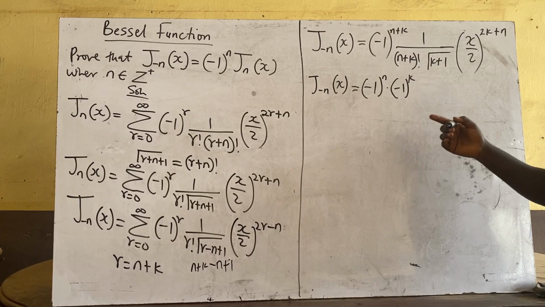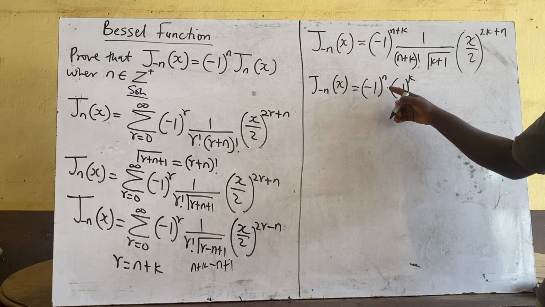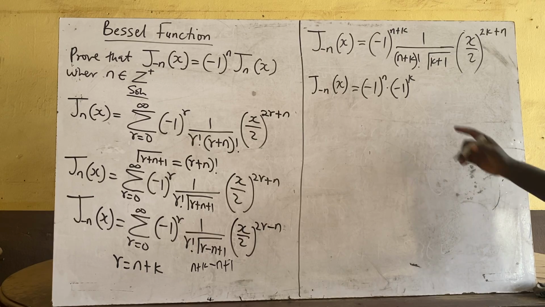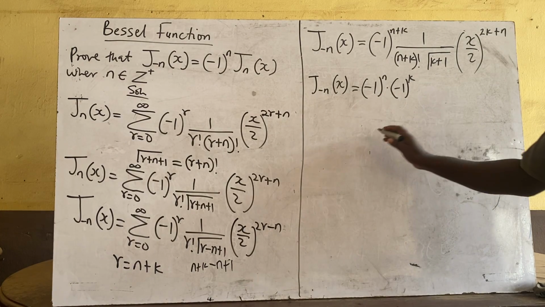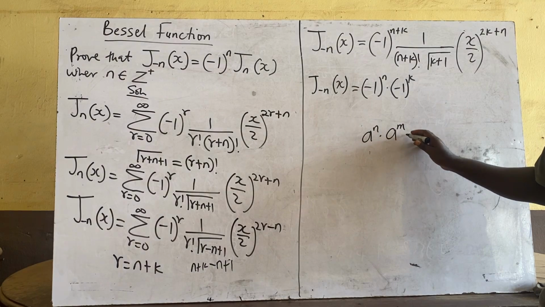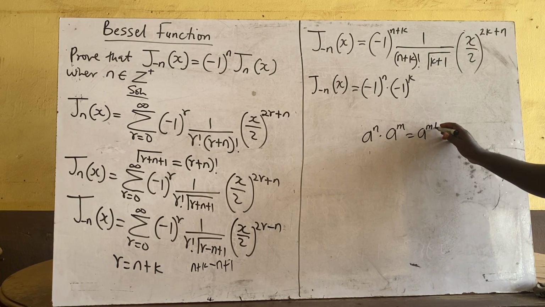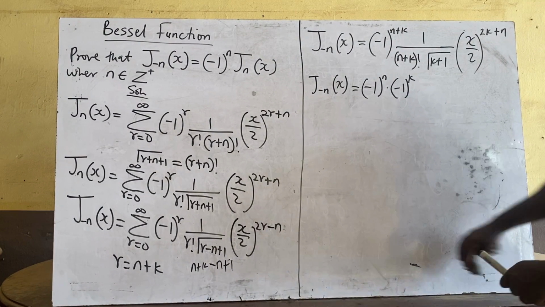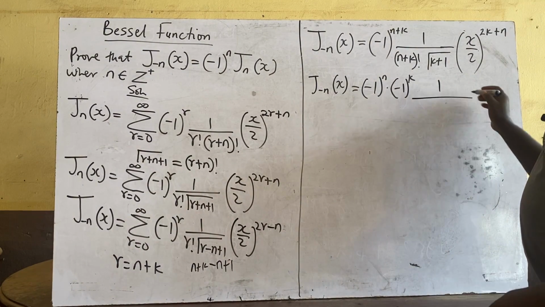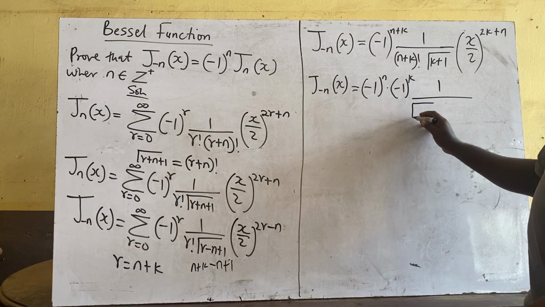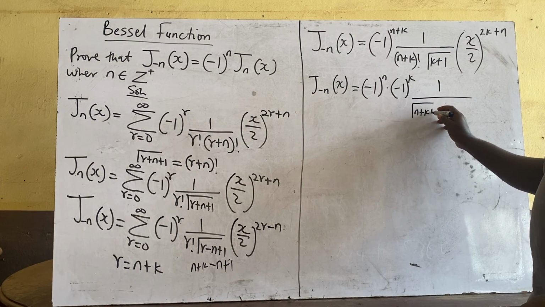Because according to indices, the reason I have this addition is because of multiplication when the bases are the same. That is that a raised to power n multiplied by a raised to power m will give us a raised to power m plus n, or n plus m, anyone you like. That is indices for you. So I still have 1 over. Now, do you remember that this one is still the same thing as saying the gamma function of n plus k plus 1?